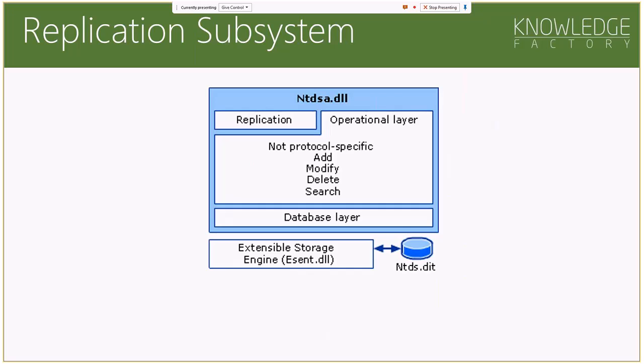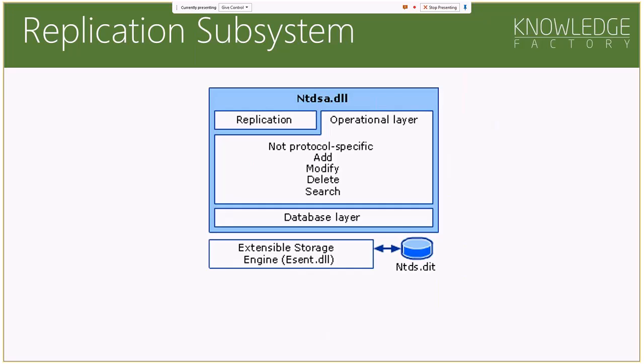This subsystem also determines the changes that the replication partner already has or those that are needed. So the database layer manages the database capability of the directory service. The ESENT DLL communicates directly with the individual records in the directory data store.